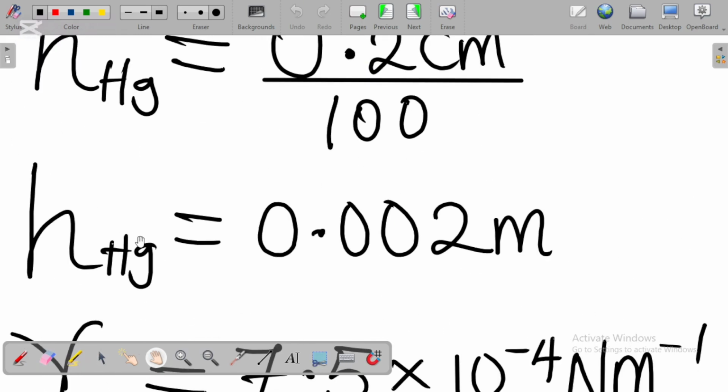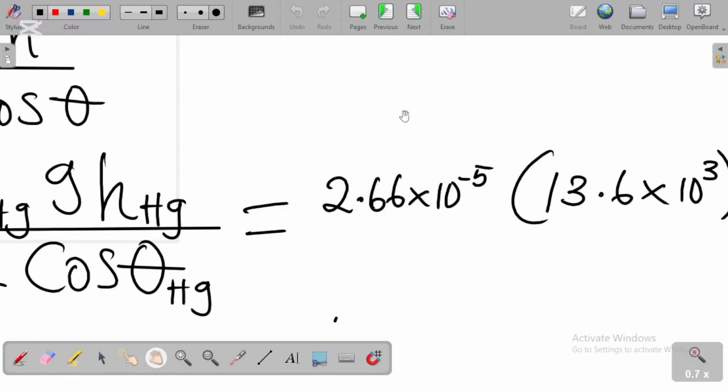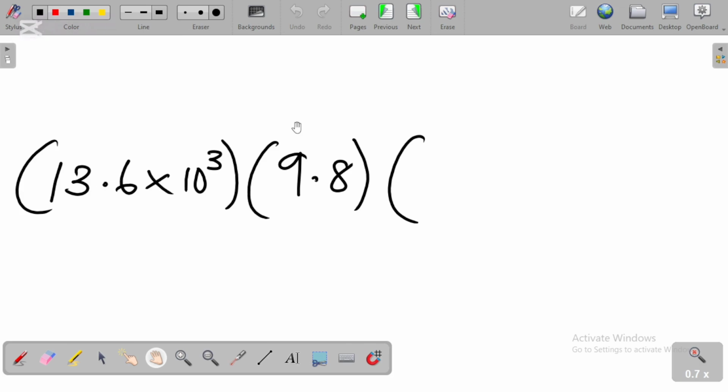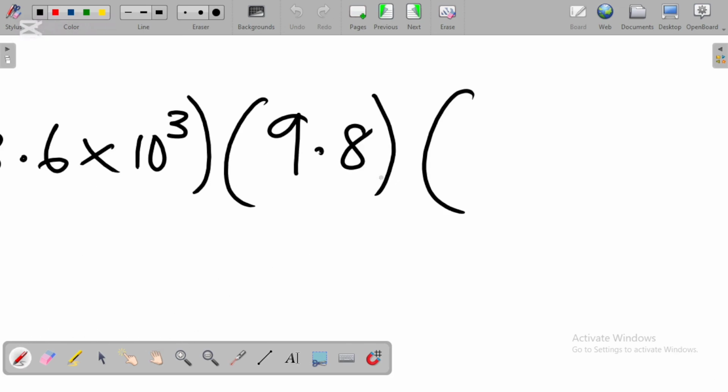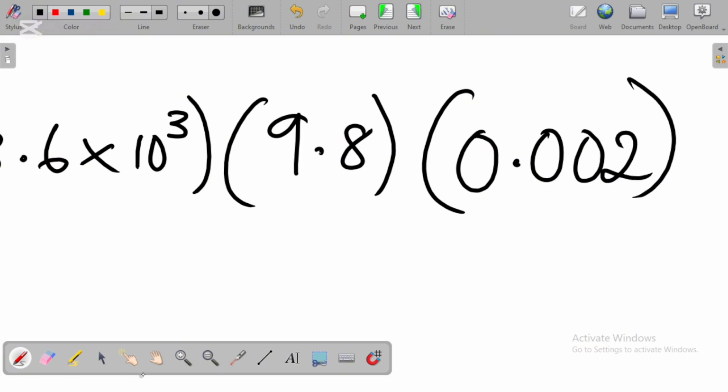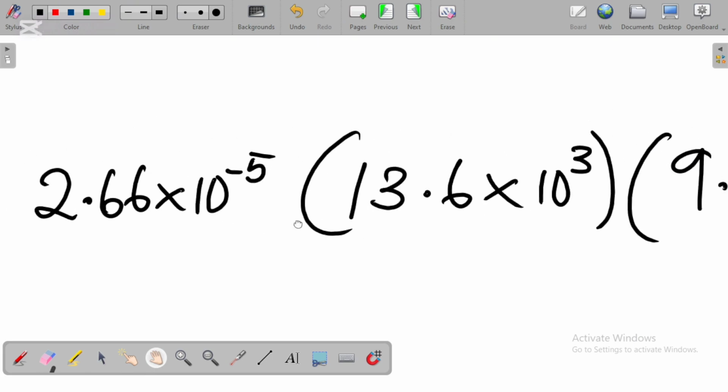The height of mercury given in the question is 0.002 meters. So we have here 0.002 meters. So we are done with the numerator.